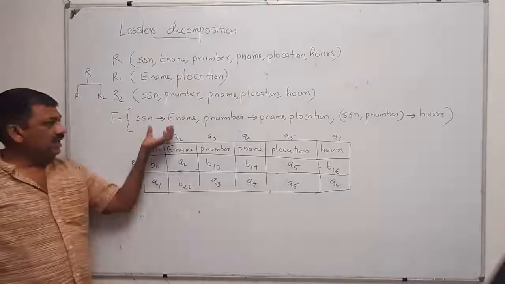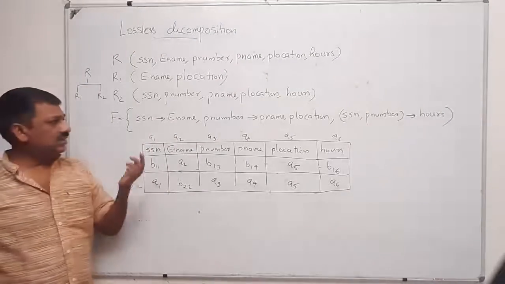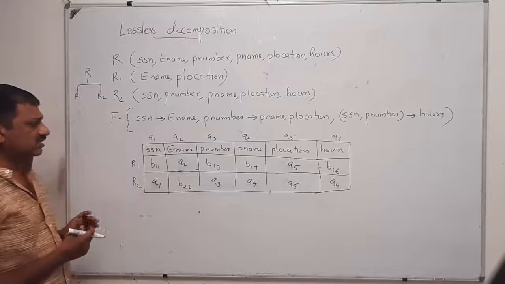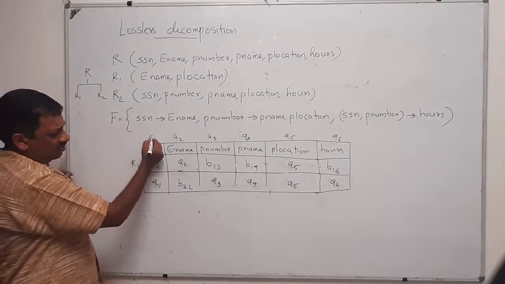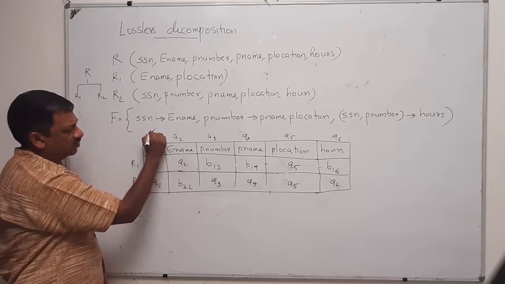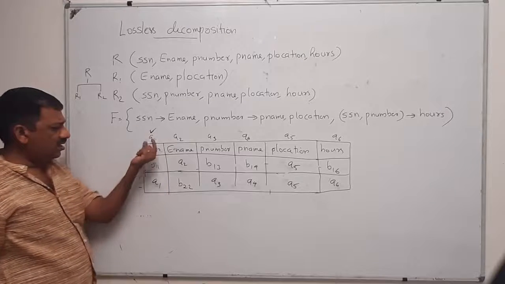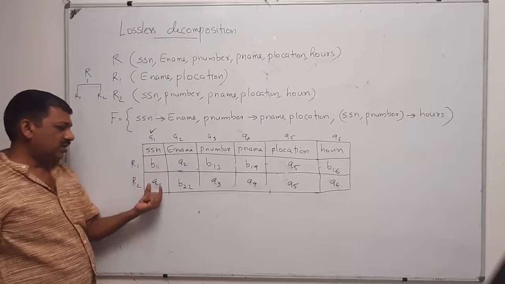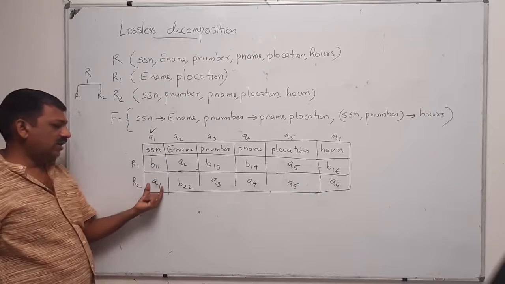Then take each functional dependency. Here functional dependency number 1 is SSN determines ename. So this is the column corresponding to SSN, and you have to go through that column and check whether two entries are the same.